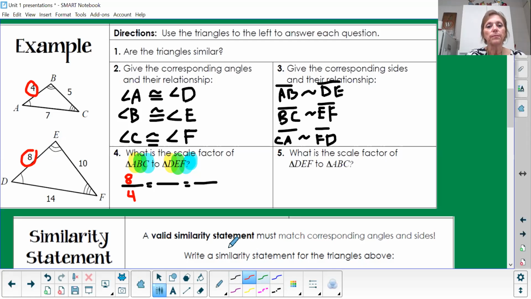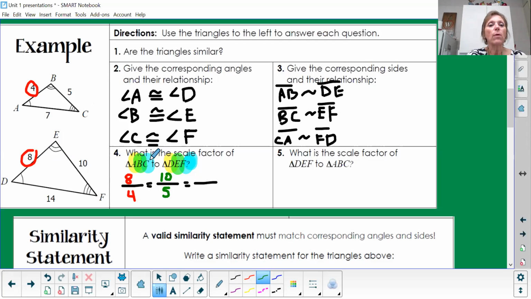Okay, next one. Look at the green and the blue. BC and EF, they do go together. So I'm going to write 10 on the top. What is EF? 10, we just did that. And now we're going from B to C, which is 5.